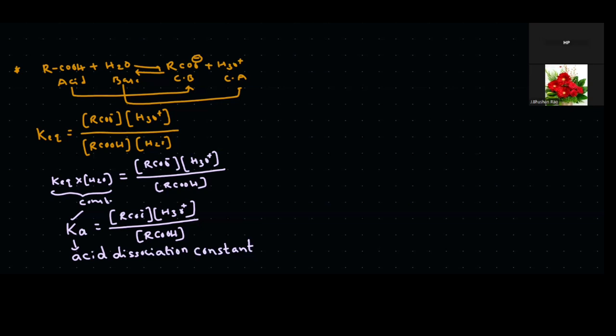So what is the meaning here? Listen clearly: if the Ka value increases, conjugate base formation increases.